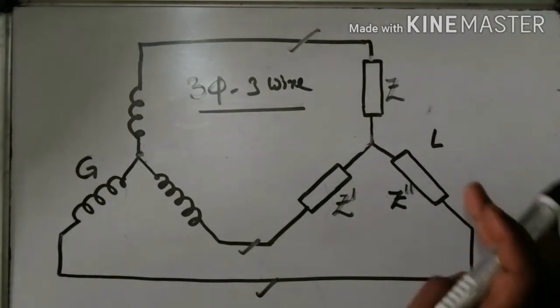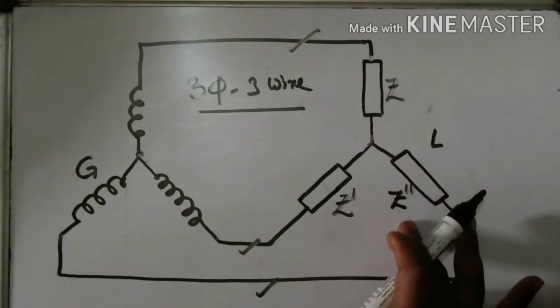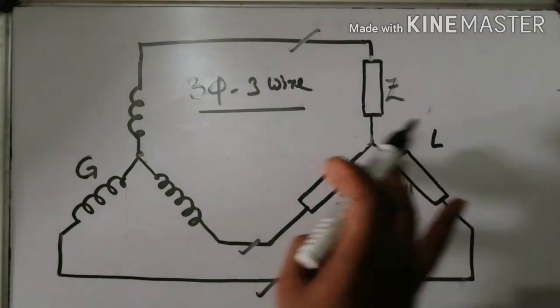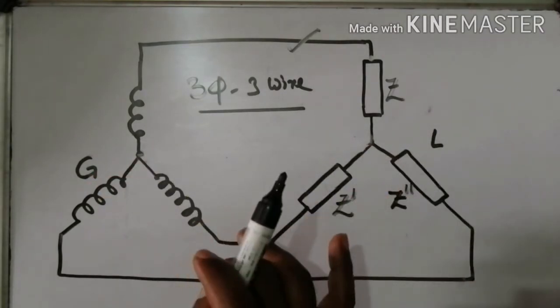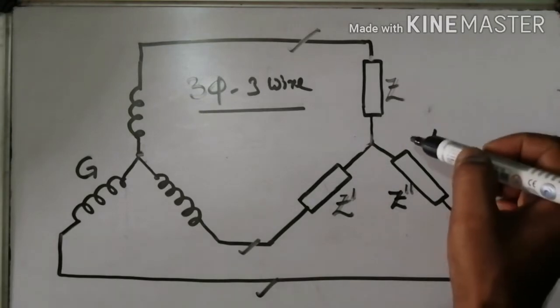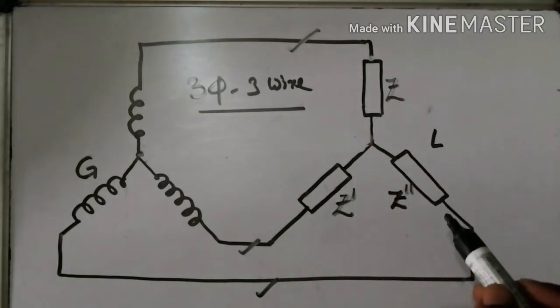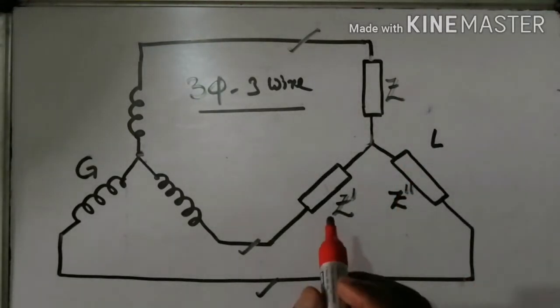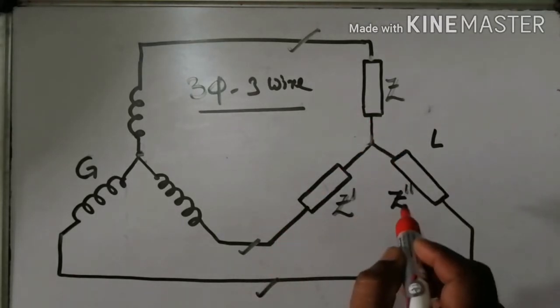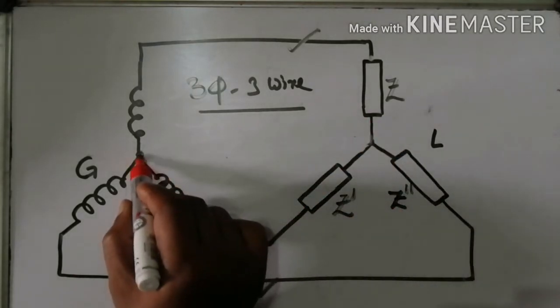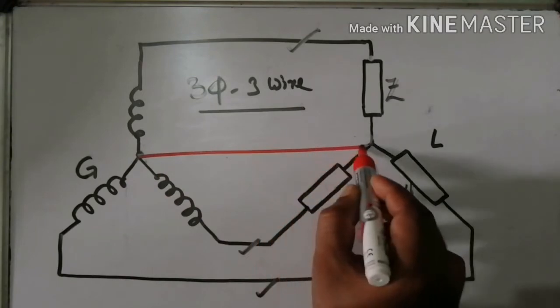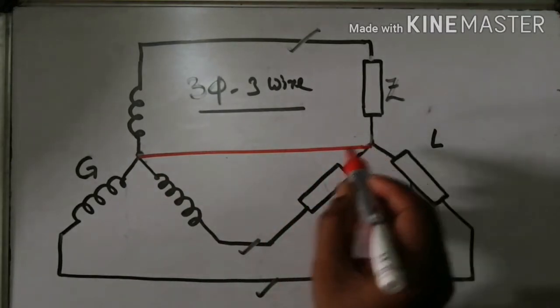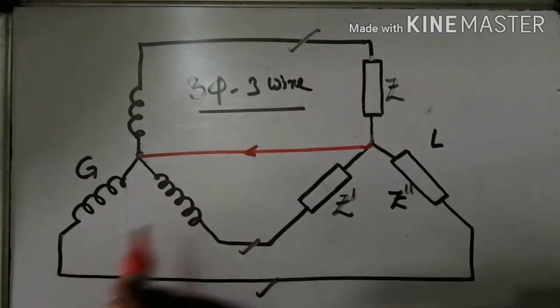Right? Is the condition clear? When the load is unequal, removal of the neutral conductor can cause unequal voltages across the different loads. So when the load is not equal, a neutral wire must be provided because some current will flow through the neutral wire.